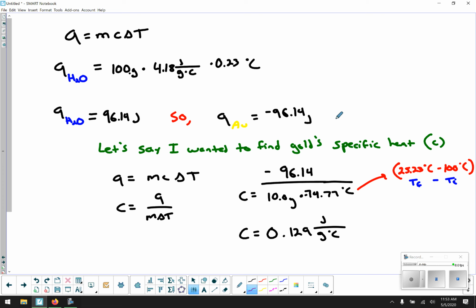And let's say I was doing this experiment to find the specific heat of gold. Well, now that I know gold's heat, Q, I can plug in all the numbers I need to find specific heat. So Q equals mc delta T, rearrange for C equals Q over m delta T. I know my Q, it's negative 96.14.